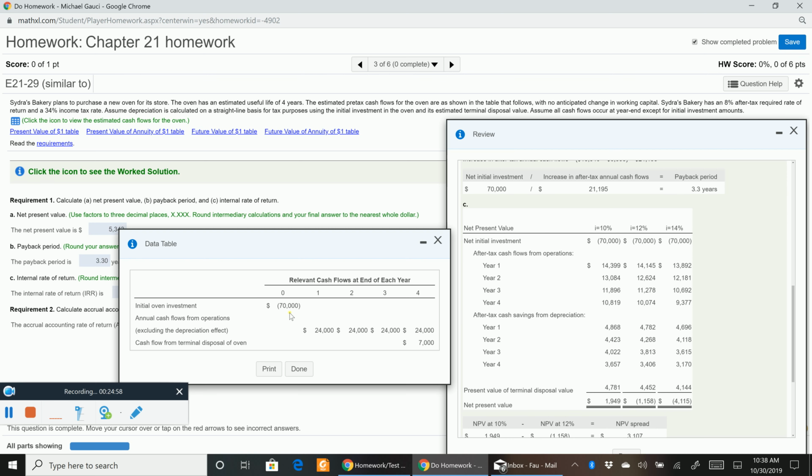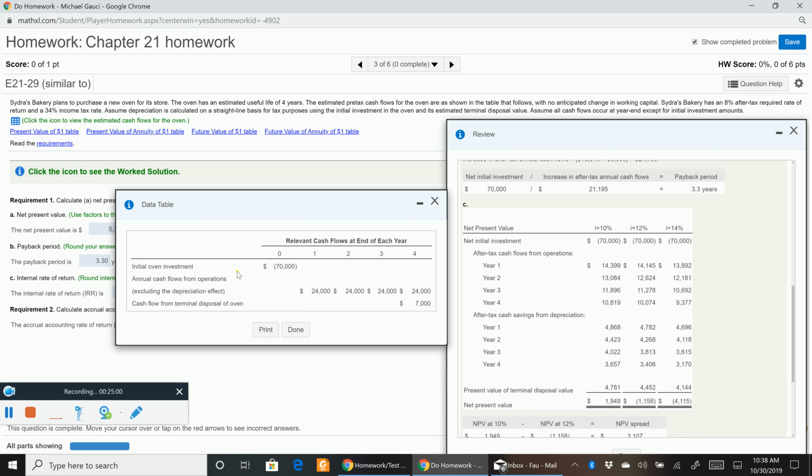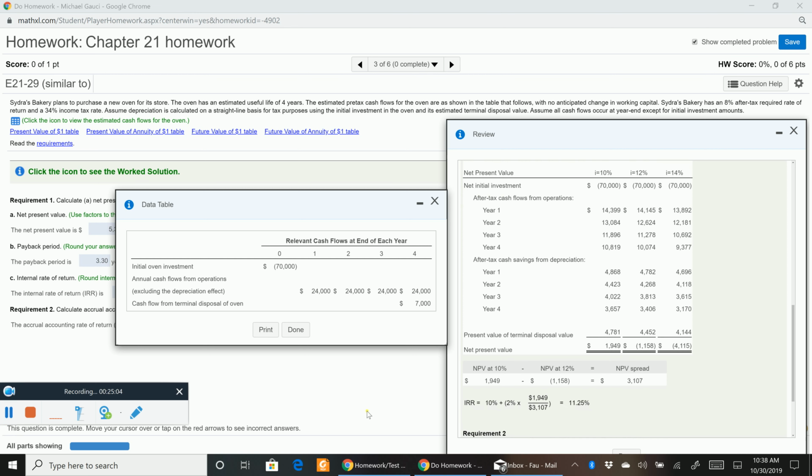Part C is the internal rate of return. So let's take a look at the internal rate of return. Once again, the internal rate of return is when the net present value is 0. So using a little bit of trial and error, if we take a look at our present value tables, once again, you'll click on here to get your factors.